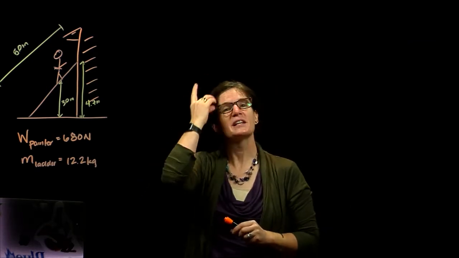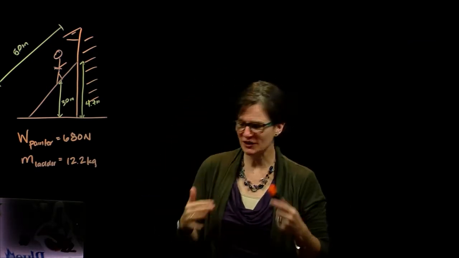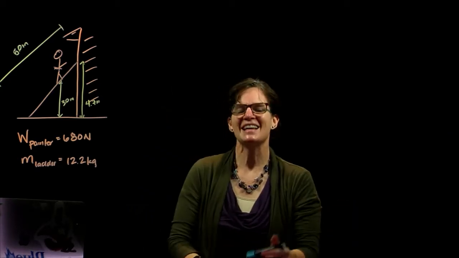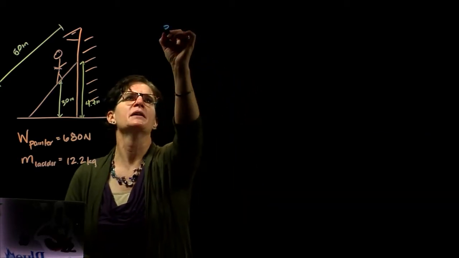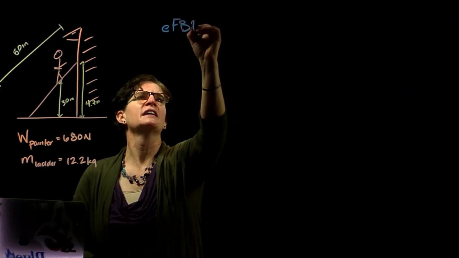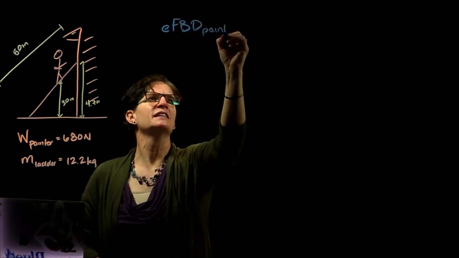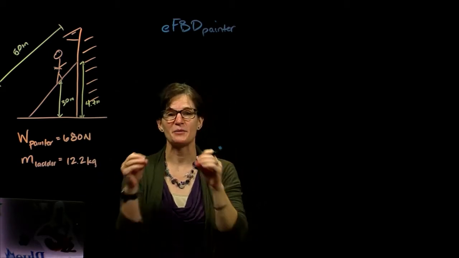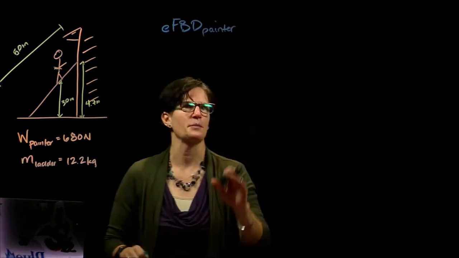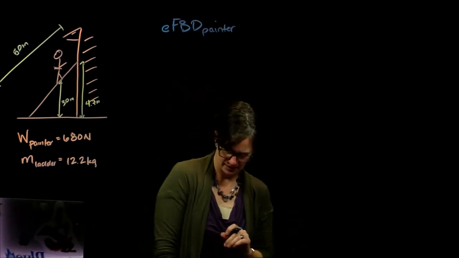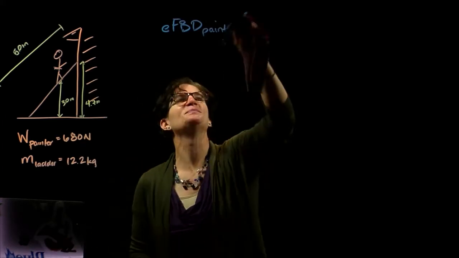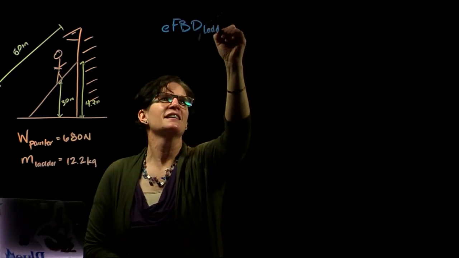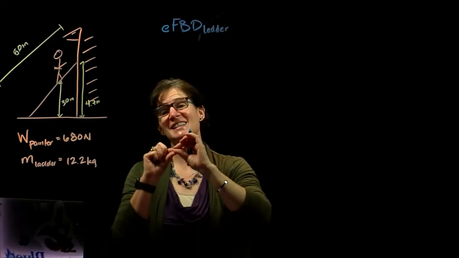All right, so what we're going to do in this scenario is just analyze the extended free body diagram. So practicing extended free body diagram work. And we want to do that of the ladder. So remember, with an extended free body diagram, we take the object of interest and we draw it as a single object.